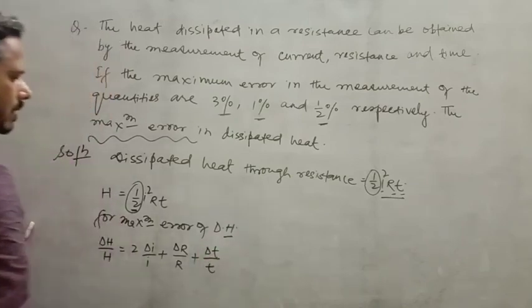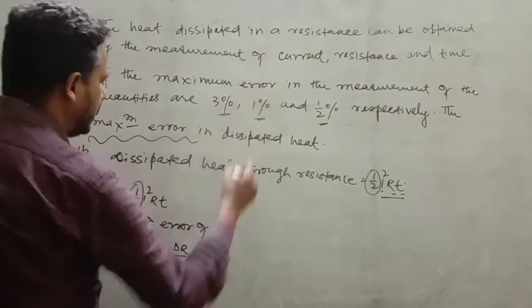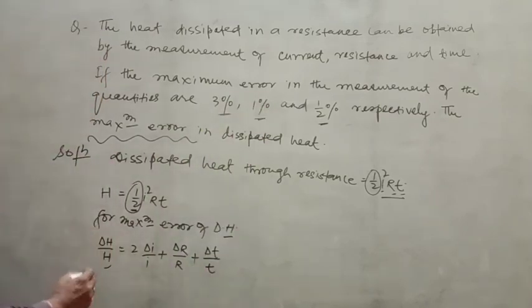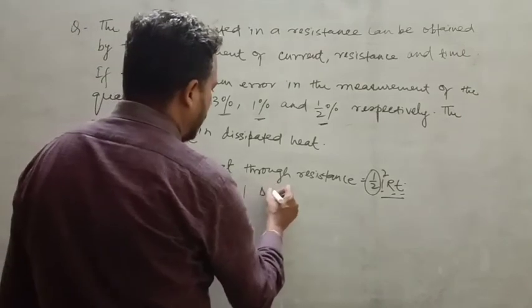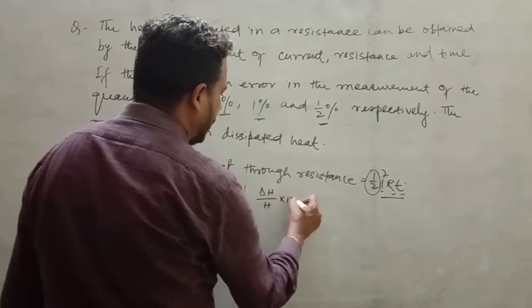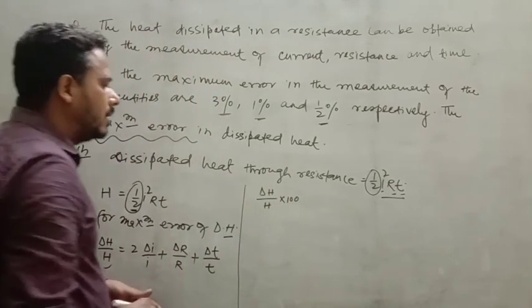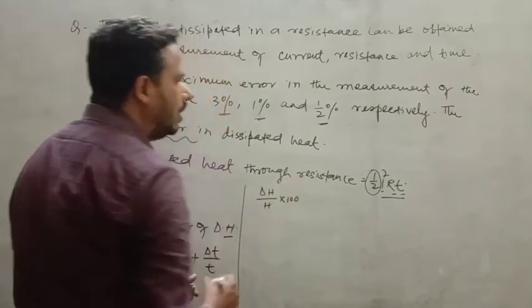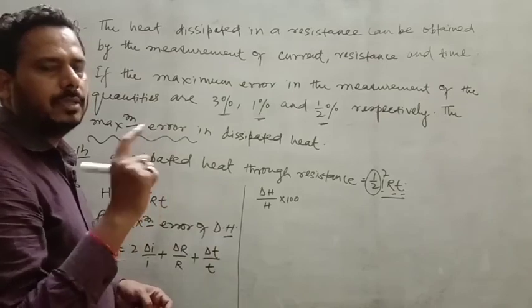Okay, so everything is given in percentage. This one is your fractional error. So what you have to do is take delta H by H multiplied by 100. So you will get a percentage error, and this percentage error we call the maximum error, dissipated in the form of heat energy.